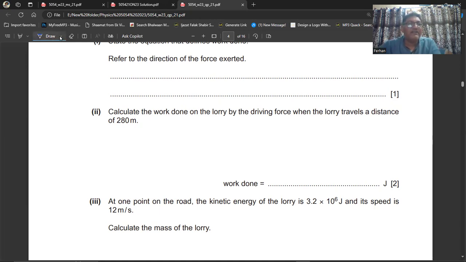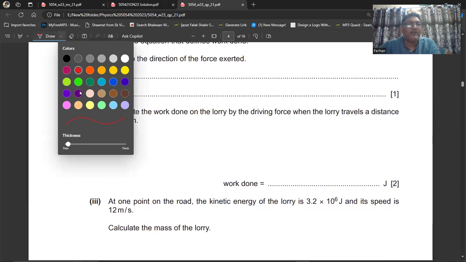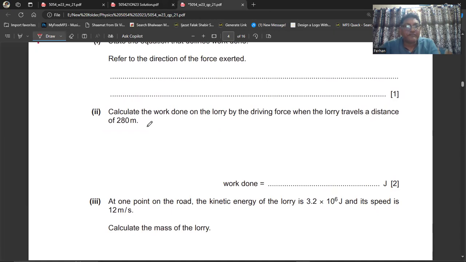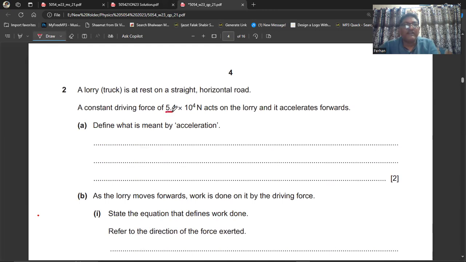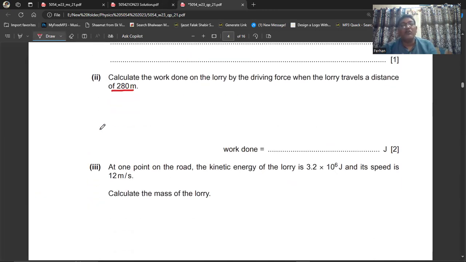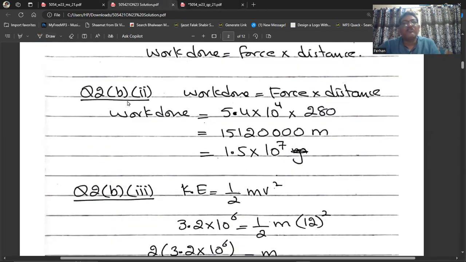If you want to calculate the work done, I should know the distance moved, which is 280 meters, and the force, which is 5.4 × 10^4 Newton. If I know the force and the distance moved in the direction of the force, we can calculate the work done. The work done is equal to the force multiplied by the distance moved in the direction of the force, and it's a very simple calculation.